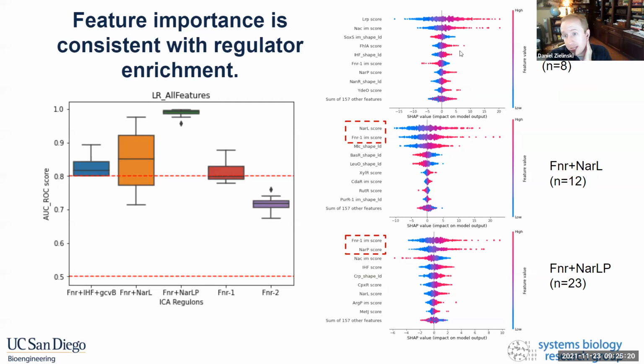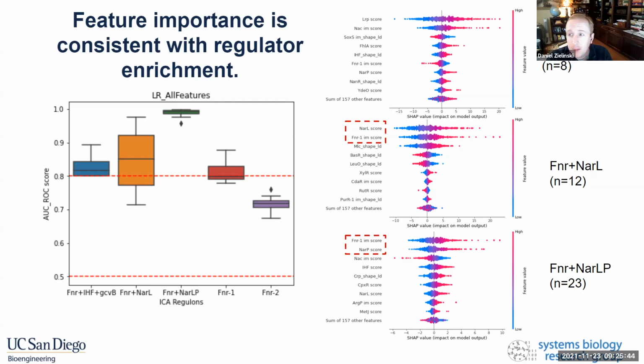So the way to read this is that higher values near the top of the plot are more important to the model. And if it's blue on the left, that means that a low value helps the prediction of being in the iModulon. And a red value on the right is the opposite, that a high value helps the prediction.